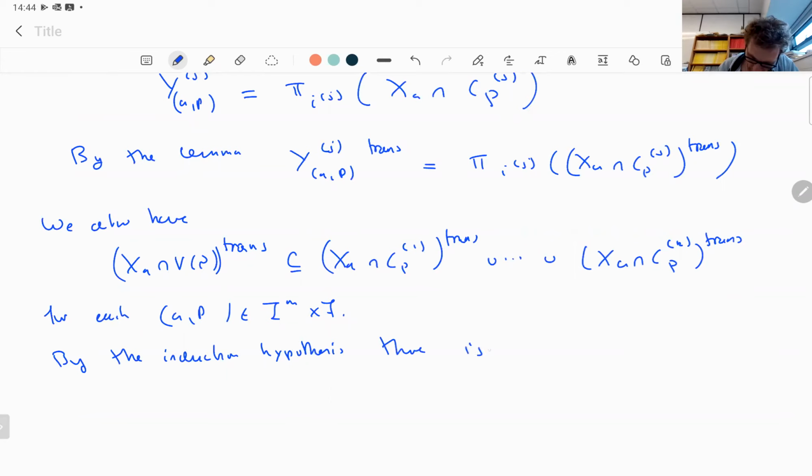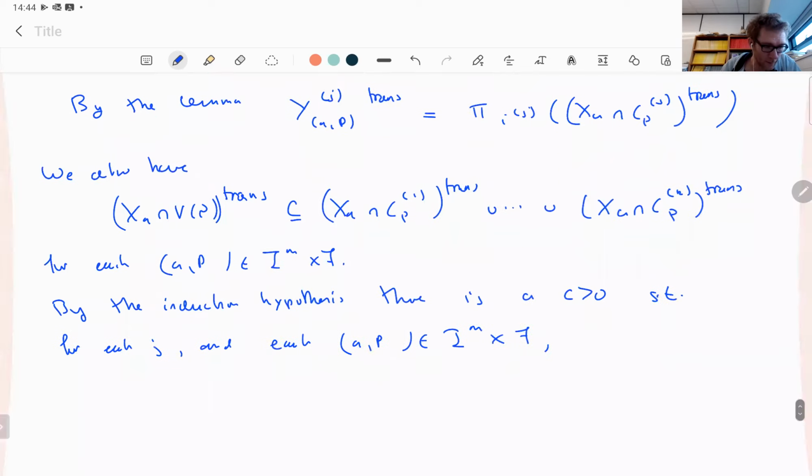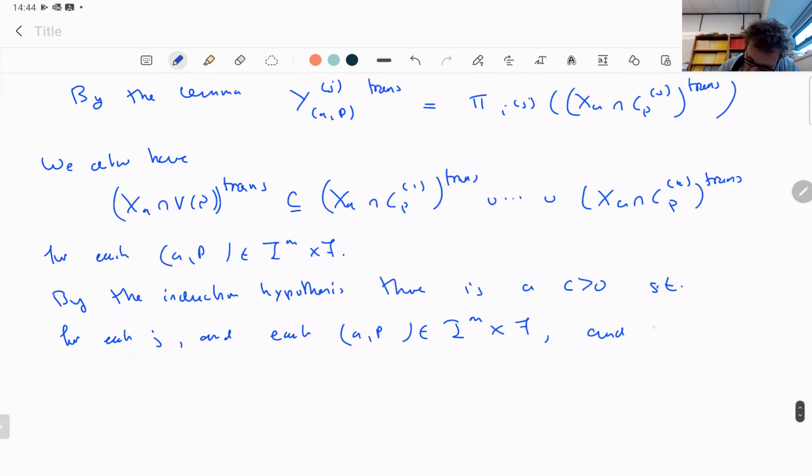So there is a C greater than 0 such that for each J and each AP in I to the n times F and each H, the number of points in Y, AP trans EH is less than or equal to CH to the epsilon over 2.